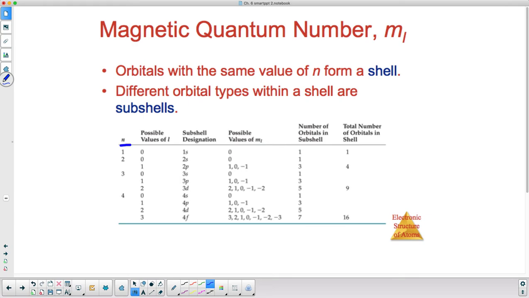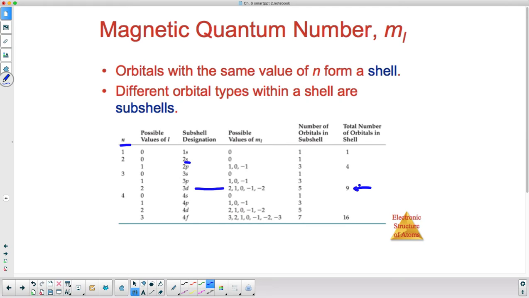Okay? Then the possible values of m sub L are obviously 0 anytime we have s's here, and then a -1, 0, 1 for p's, and then look, the d's, where are the d's at? The d's are right here, and that's at 2, 1, 0, -1, -2. So d's have 5 orbitals, which of course we know they do, and the total number of orbitals in a shell means this, do you remember this?